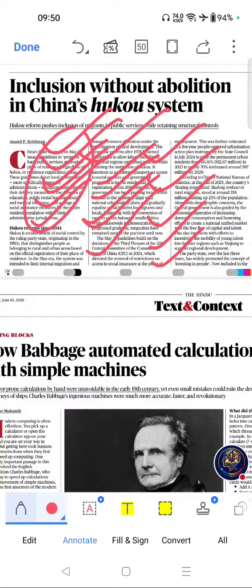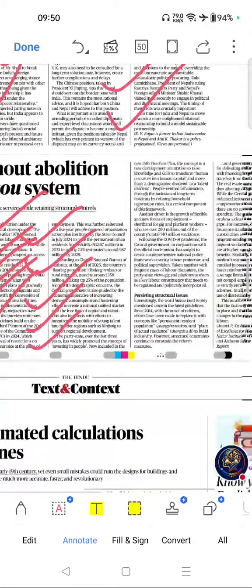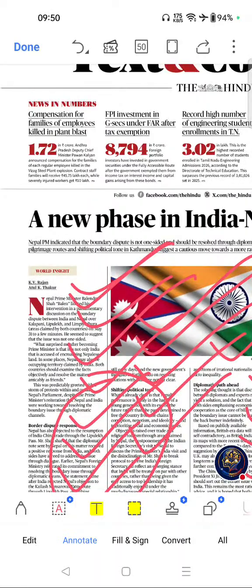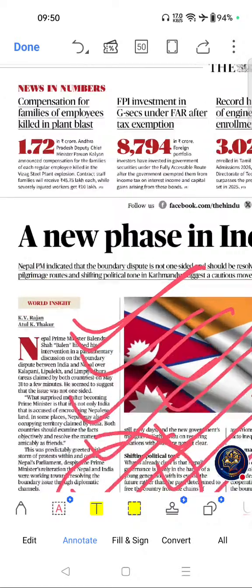These are the key themes related to this topic. The possible question areas are Hukou system, China's urbanization policy, and five-year plans. These are the possible question areas related to this article. Move on to the next important article from this page, that is the news in numbers section.